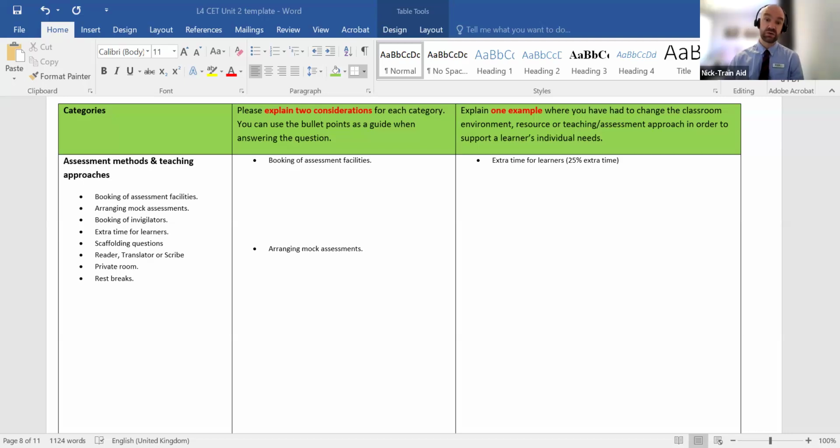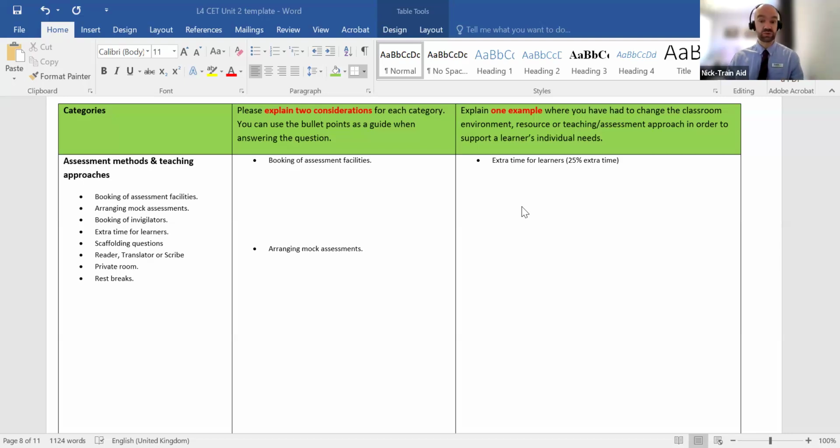So for this row, what you need to do is you need to come up with two examples of consideration. So when planning your own assessments, what two things do you need to consider? So this is kind of the planning stage, and then just one example of how you've adapted assessment in order to support learners.